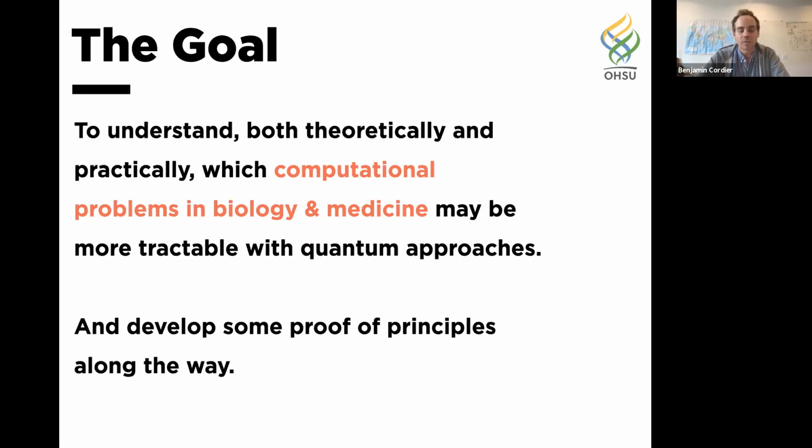And by computational problems in biology and medicine, computing is really central to biological and medical research these days. We're thinking about problems in genomics, in proteomics, and in structure-based drug design and things of that nature. Along the way, we'd like to develop some proofs of principle, but that's not something I'm going to be talking about today.